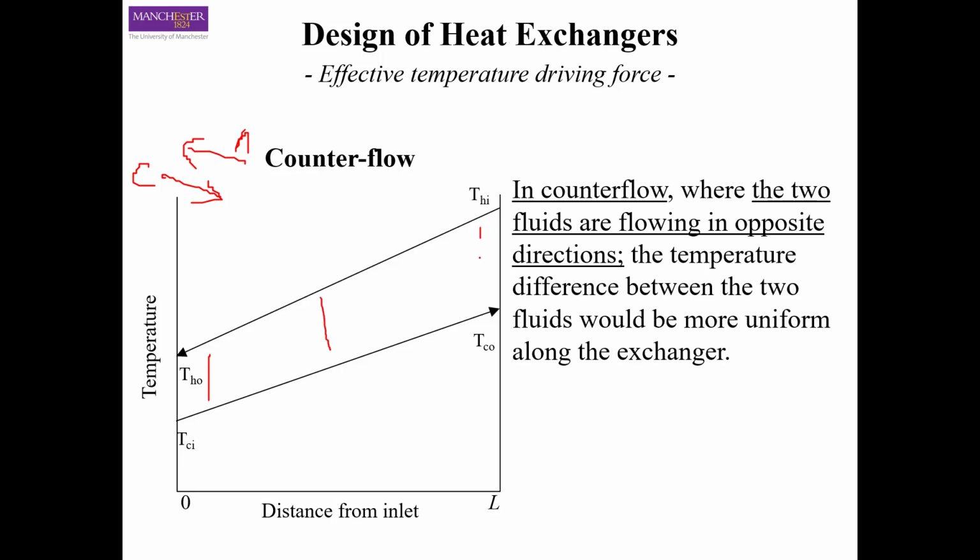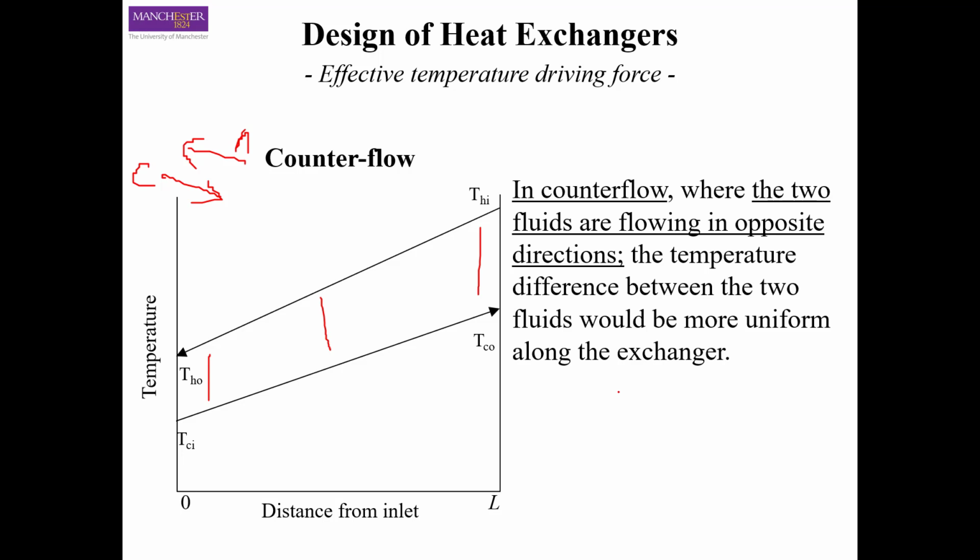So for the case of countercurrent, we have less issue with delta T availability because it's more or less constant. Whatever delta T we define as the minimum delta T, we can just keep our available delta T above that. So that is one of the reasons why we use countercurrent flow in most applications.